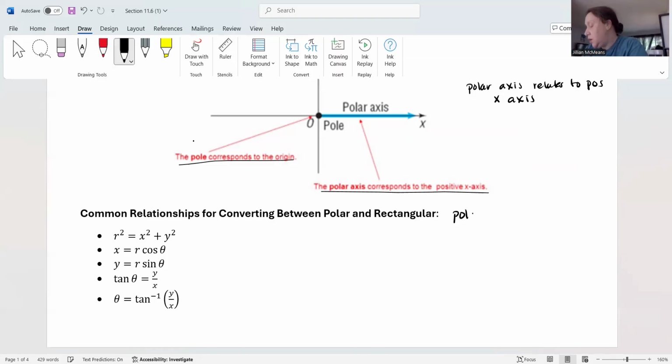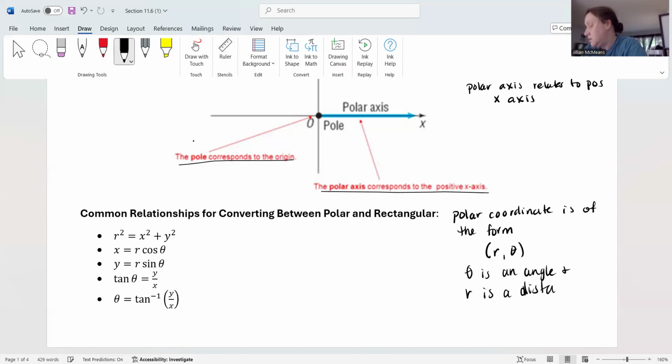A polar coordinate is of the form (r, theta), where theta is an angle and r is a distance from the pole.